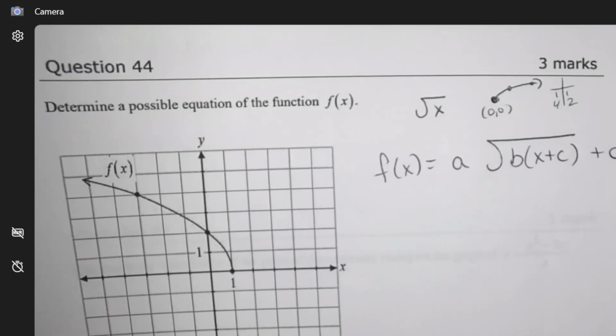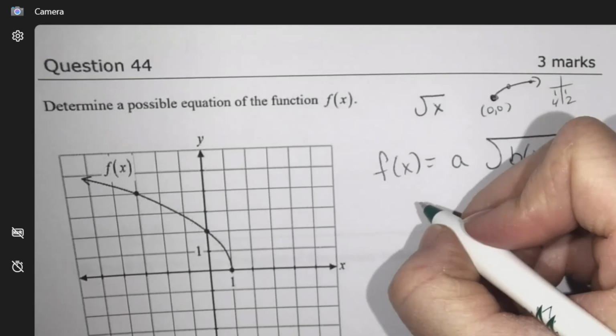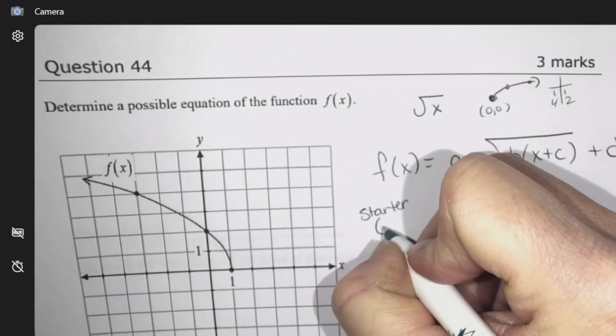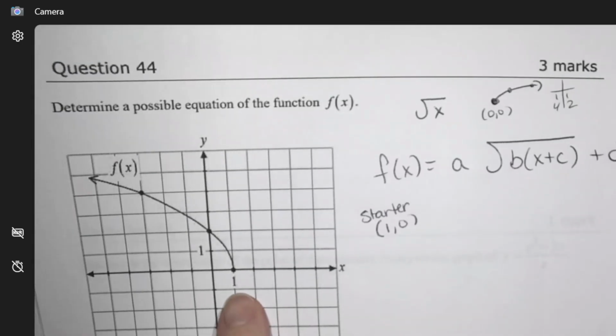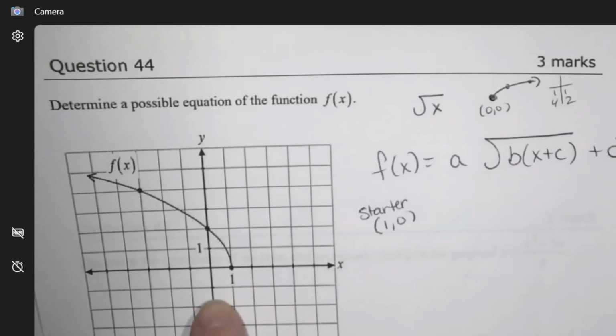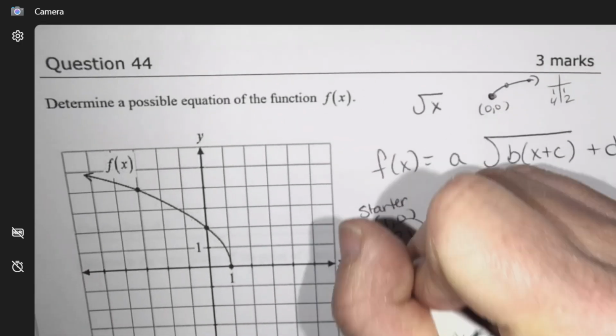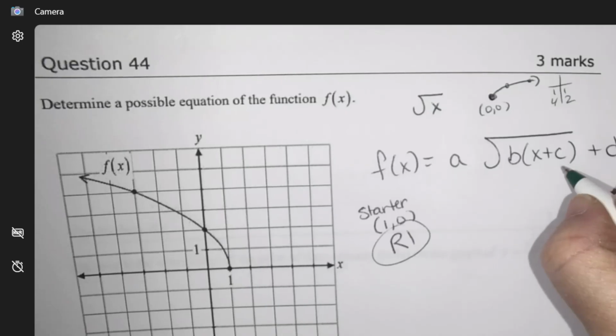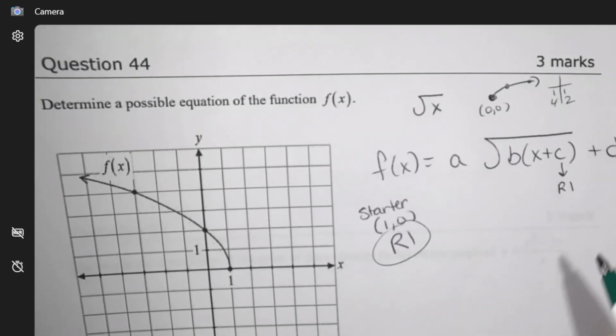Okay, so let's talk about what we're doing. This one has started on the coordinate 1, 0. So I need to move, somehow I need to move right 1. So that's going to have to get changed, something on the C.